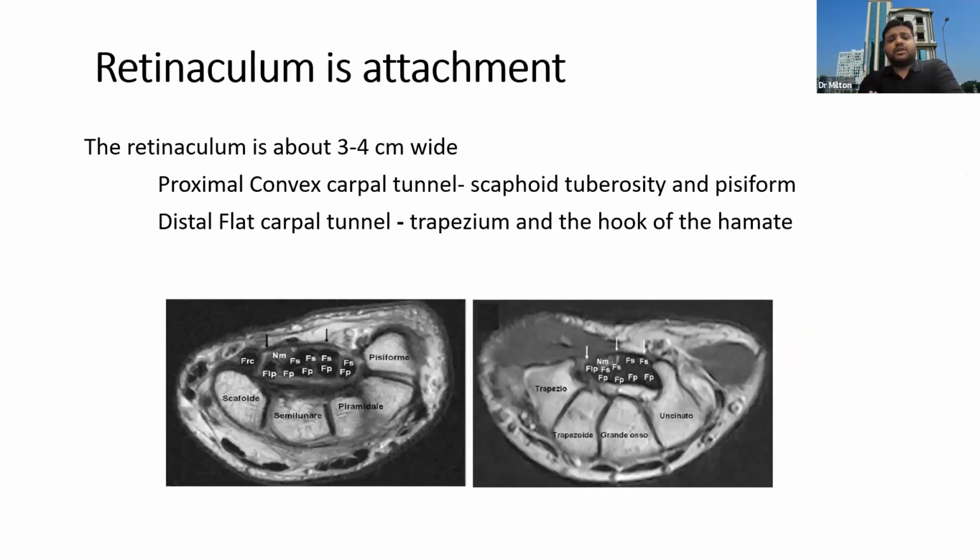Another very important thing is the flexor retinaculum. Most of the time we see the proximal end, but the distal end is also very important. The proximal end has a convex type of arrangement, because the retinaculum is around 2 to 3, 4 centimeters in diameter. So you should always scan both the proximal and distal areas, the whole length.